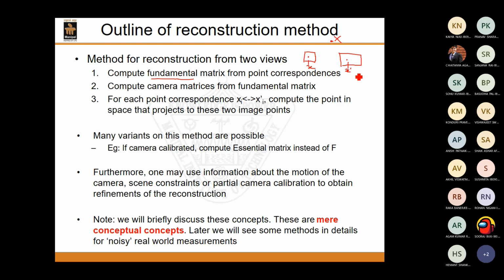So from these image correspondence pairs, we can first calculate the fundamental matrix F, and from F we can then calculate the camera parameters.